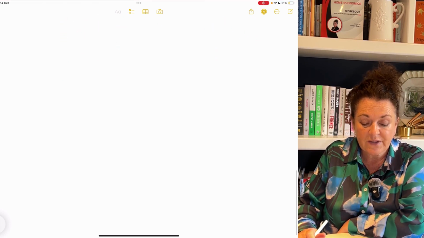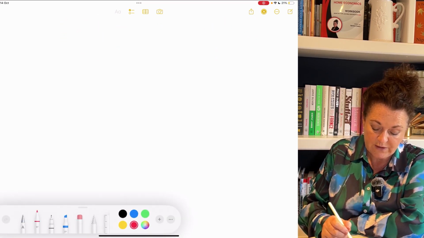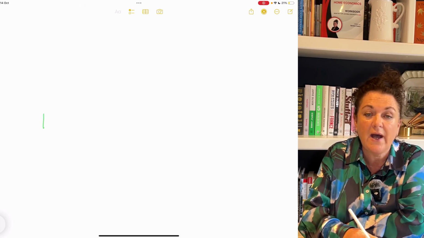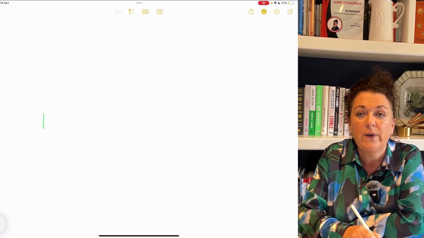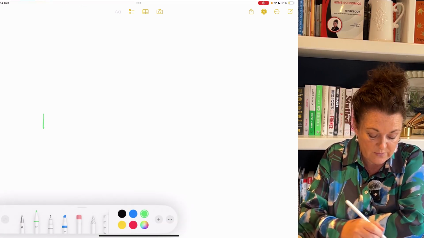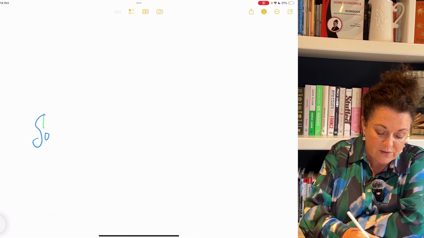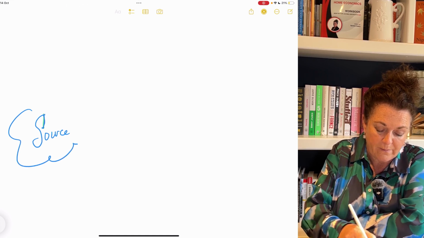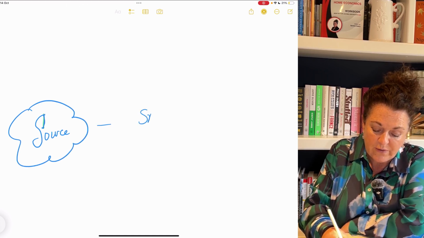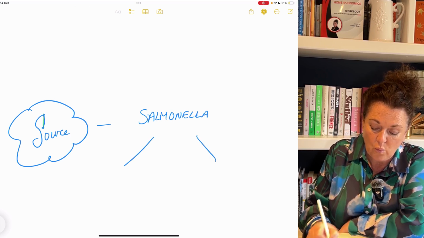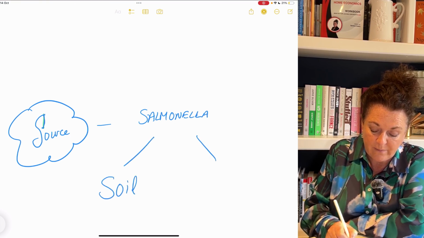Now, sometimes students confuse the difference between food sources and also what we call source. So just going to differentiate here. So the source is where it comes from. So when you're talking about the source of Salmonella, two sources. One, soil.